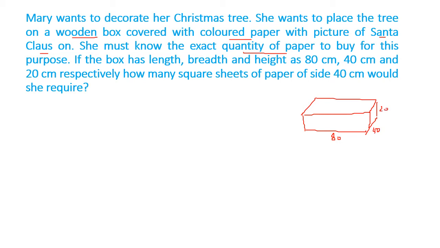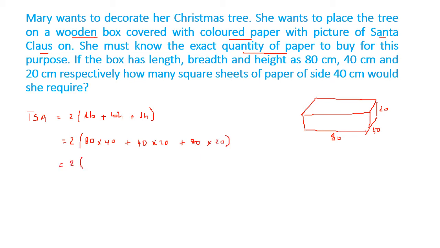Okay? Now we have to first find the total surface area of the box because it will cover from all sides. So what is the TSA of a cuboid? The formula was 2 bracket LB plus BH plus LH. It is 2 into 80 into 40 plus 40 into 20 plus 80 into 20.